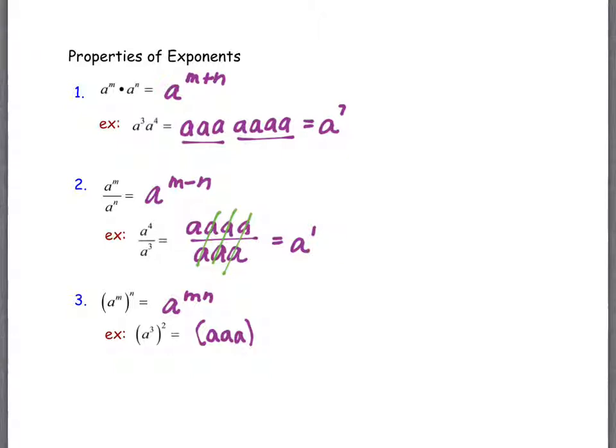So everything that's written in the multiplication, that parentheses, is going to be multiplied by the exact same thing again. Right? That's what a power of 2 does, is it multiplies whatever you had times itself. So take a look. How many a's is that? 6. And how do you get from 2 and 3 to 6? You multiply. Okay, is this okay so far? All right.